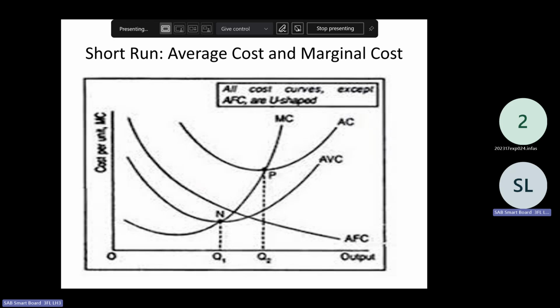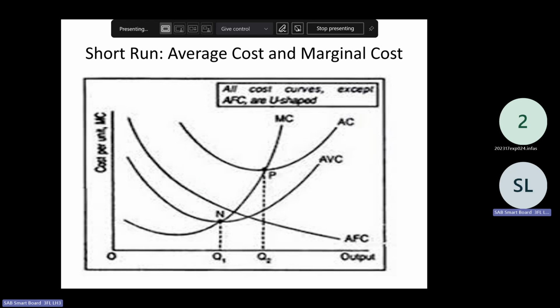Now we take the marginal cost and the average cost functions. How do we draw the marginal cost? That is the slope of the total cost curve. At different points we measure the slope of the total cost function, to see how much the cost varies, and so we can measure the marginal cost.